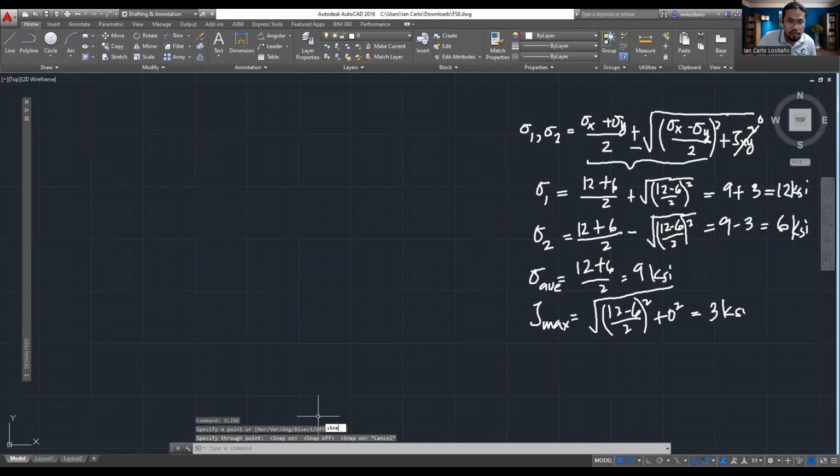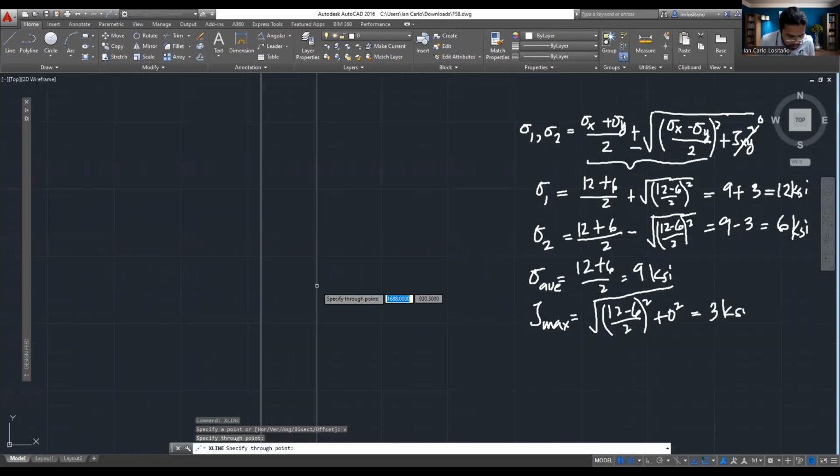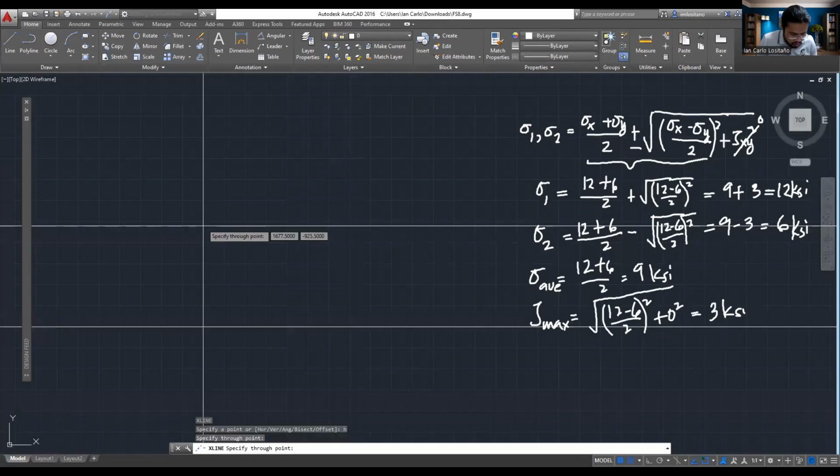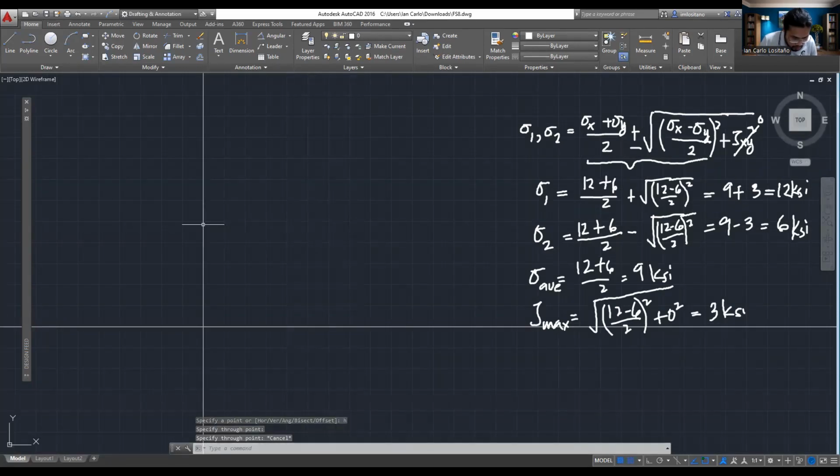So that's the X line, and the Y where you have your principal stress, the normal stress. Let's try to create a circle first. Offset this one by 6.